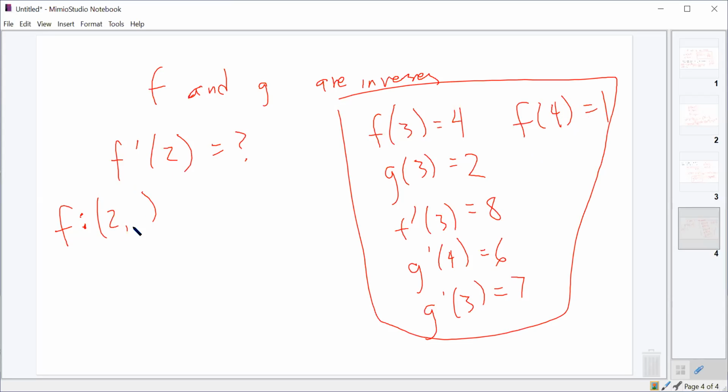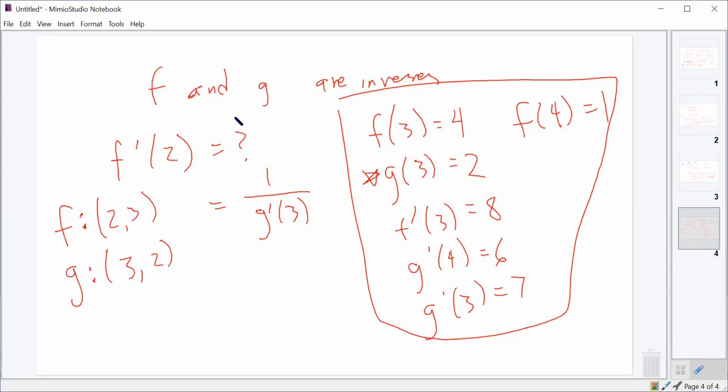And that tells us that G needs to have a point (something, 2). So we'll look at all the values that they gave us and say, here is where G equals 2 and it's 3. And so that tells us that F has the point (2, 3) and G has the point (3, 2). That tells us that F prime of 2 should be equal to 1 over G prime of 3. And then they'll just have given you the value.